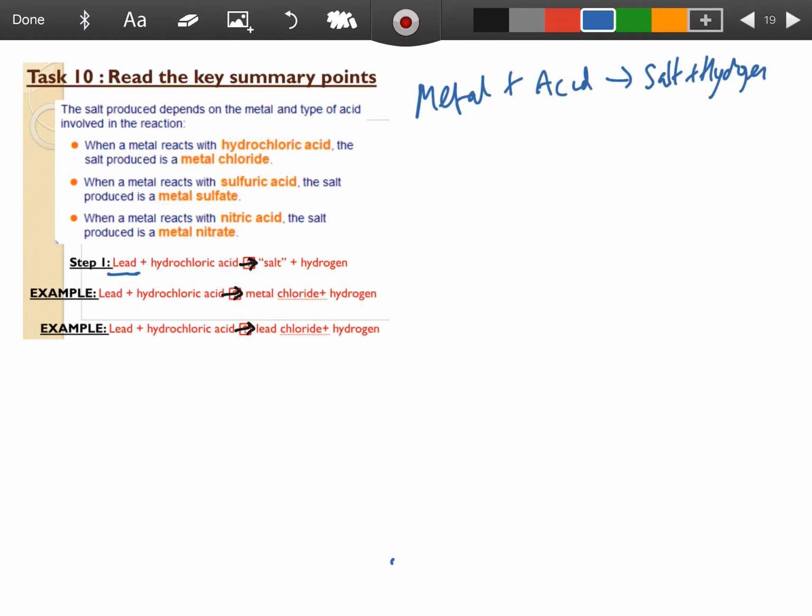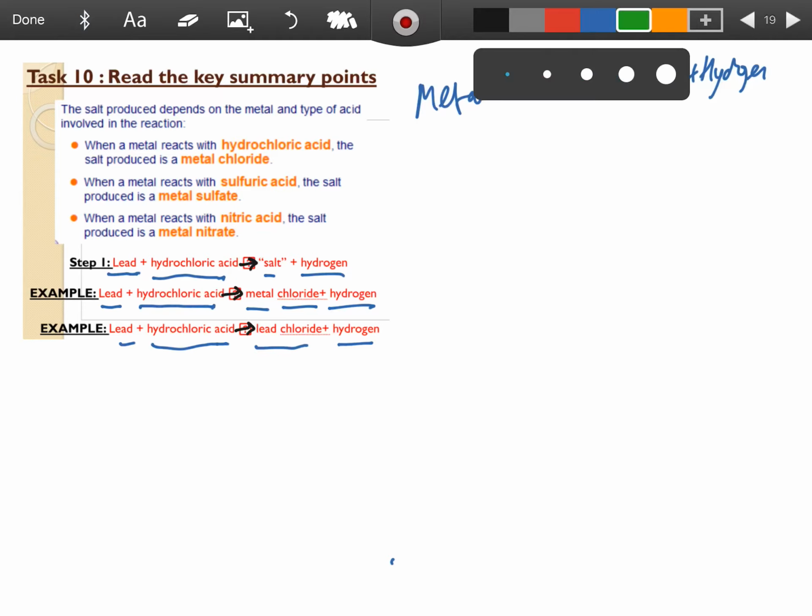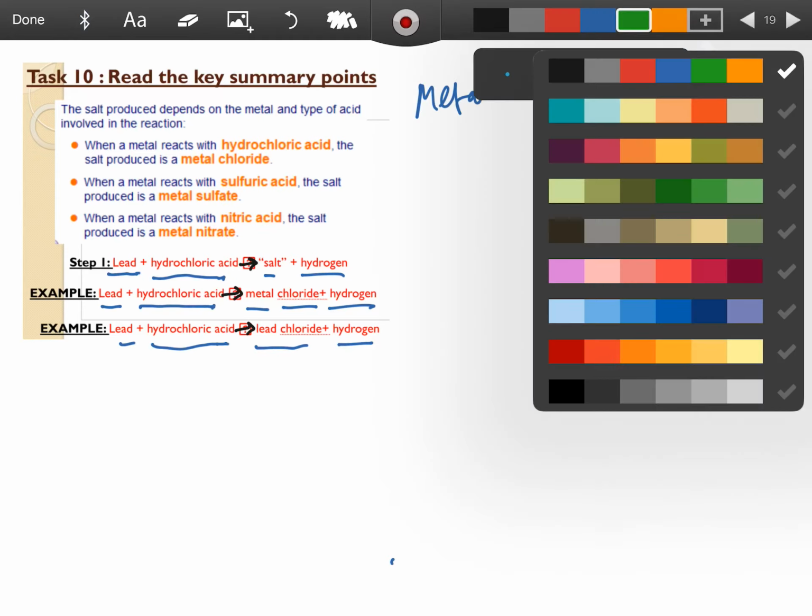So I've replaced the metal with lead. Acid, hydrochloric acid, salt plus hydrogen. Fine. Let's take it further. Lead plus hydrochloric acid makes metal chloride plus hydrogen. Lead plus hydrochloric acid makes lead chloride plus hydrogen. This is where it gets complicated, so I need you to really, really focus.